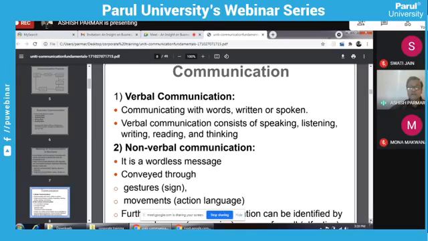Verbal communication consists of speaking, listening, writing, reading, and thinking. These are the components of verbal communication. Whereas non-verbal communication is basically body language.